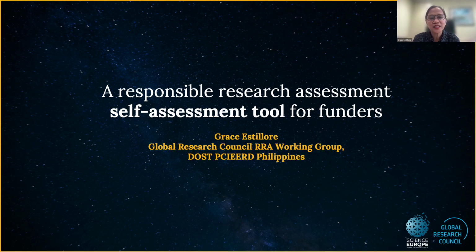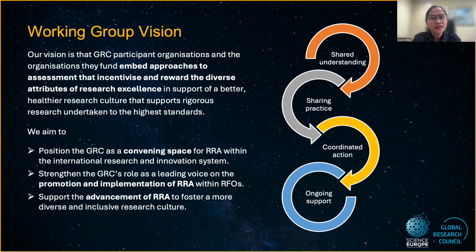So we go to the next slide, please. The vision of the GRC RRA working group is for its participant organizations and the organizations they fund to embed assessment approaches that incentivize and reward the diverse attributes of research excellence. So to achieve this vision, the working group focuses on 4 interconnected areas. First, shared understanding by developing common frameworks and language around responsible research assessment.